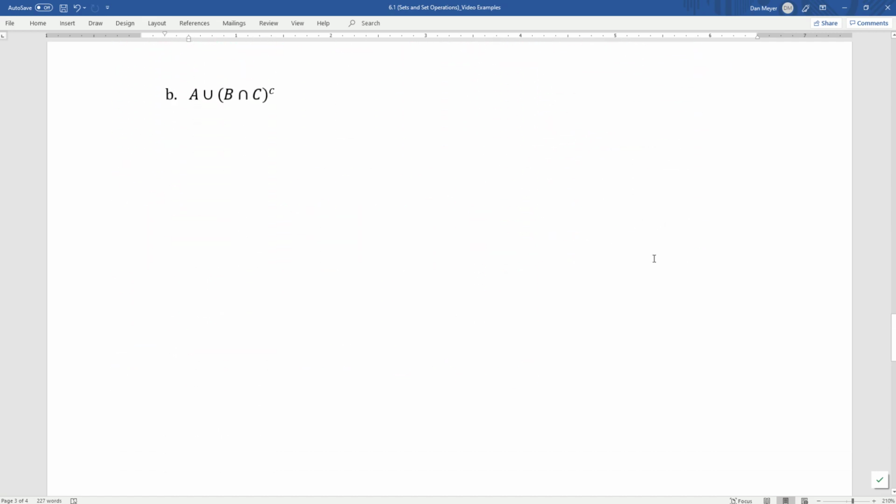Okay, looking at part B, A or B intersect C complement. How would I translate that? I just bragged about my ability to do the translations.